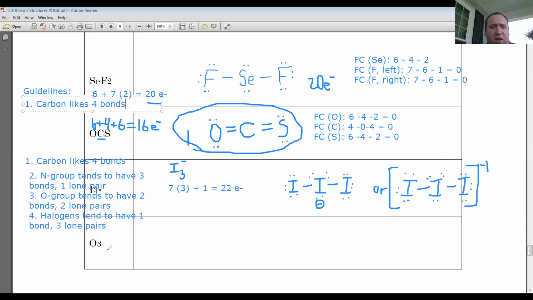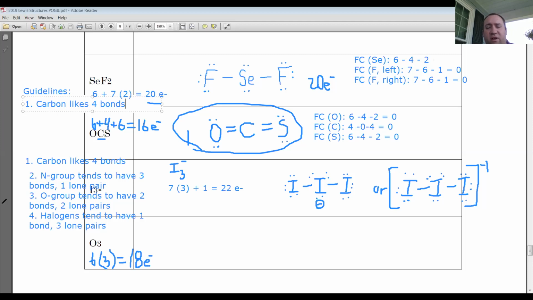And in ozone, I will warn you ahead of time, this is one that has a resonance structure. But go ahead and take three or four minutes and try to draw ozone yourself. With ozone, you've got 6 valence electrons times 3 oxygens, so 18 electrons in total.